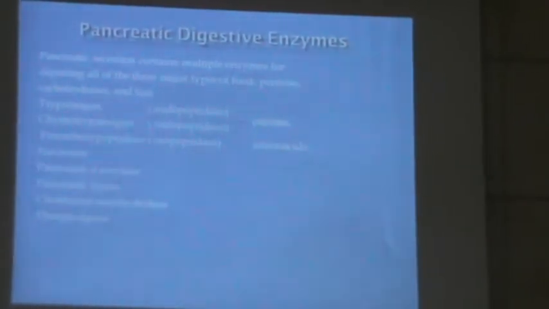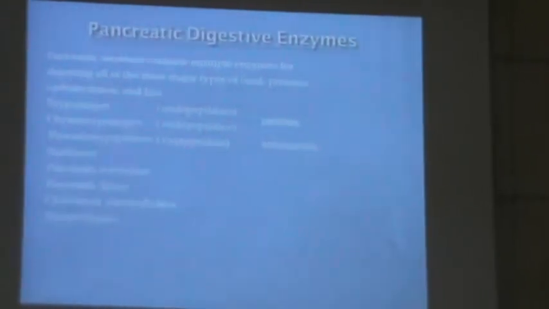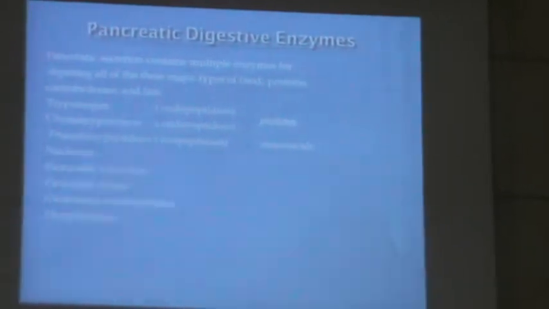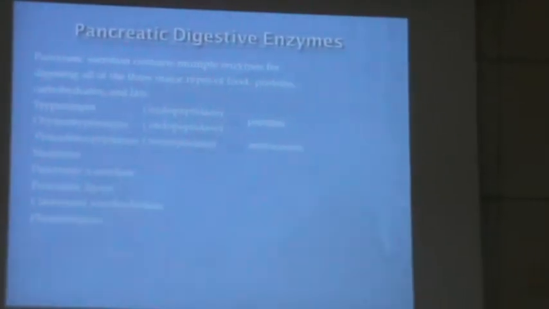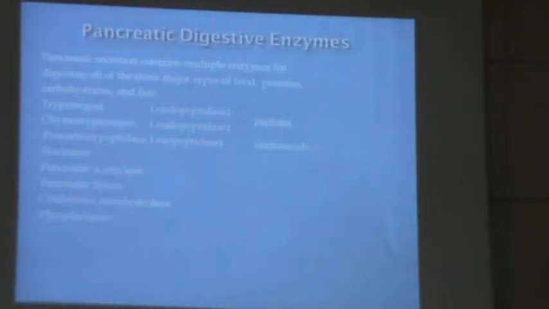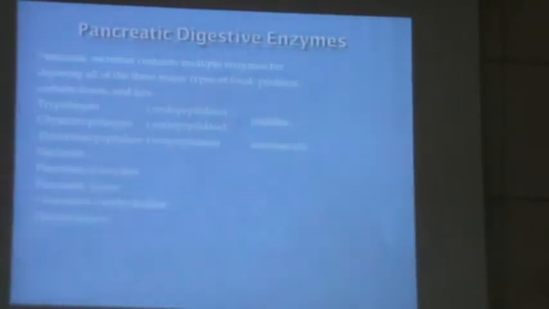The procarboxypeptidase completes the process of protein degradation and breaks the peptides into individual amino acids. The nucleases degrade the DNA and RNA content.